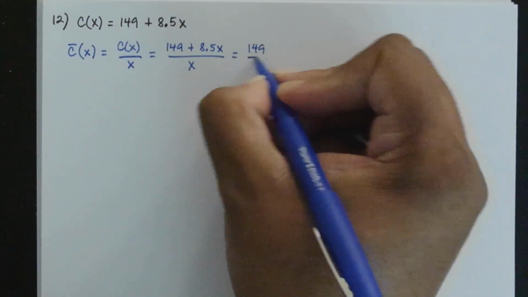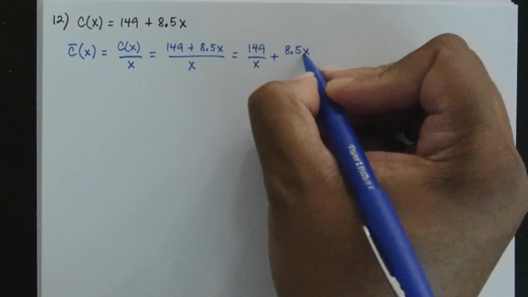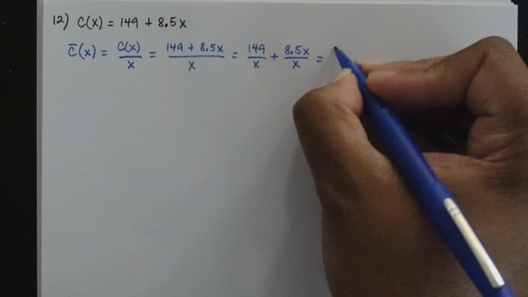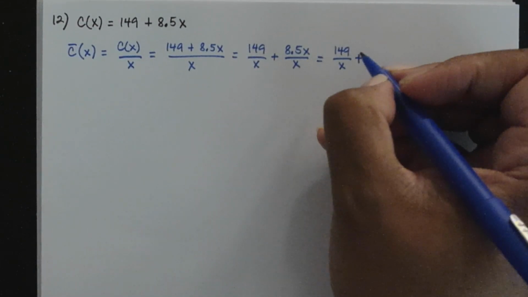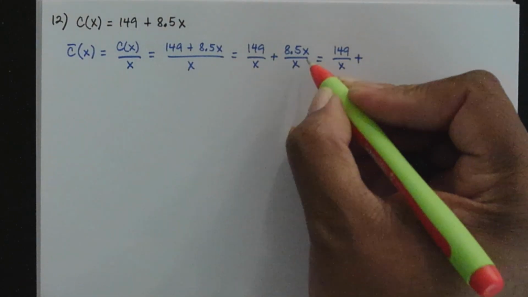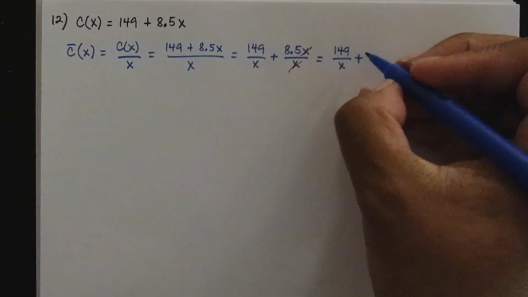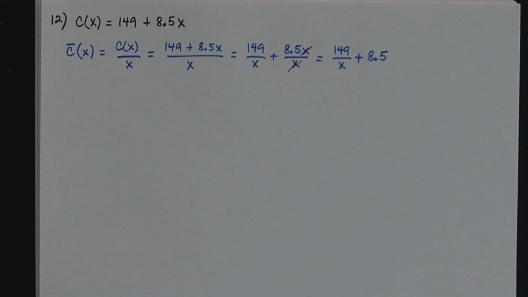So it'll be 149 divided by x plus 8.5x divided by x. So I got 149 over x plus, and the x is divided out in the 8.5x divided by x, so you're left with just 8.5. This represents your average cost function, 149 over x plus 8.5.